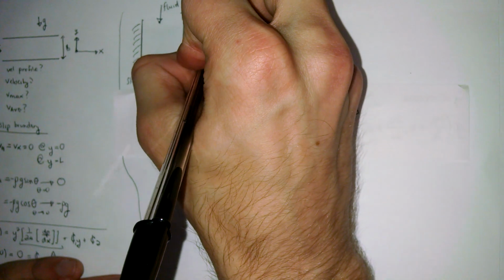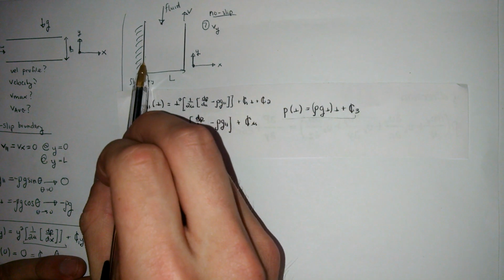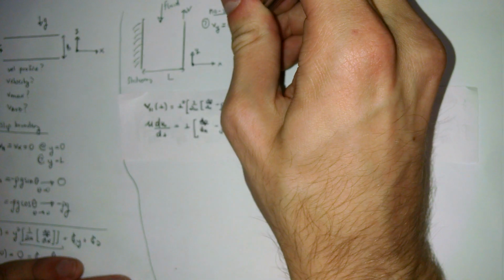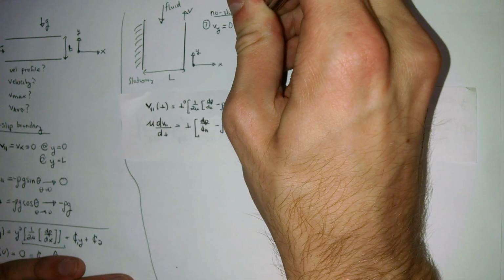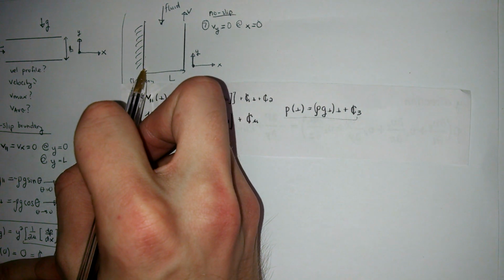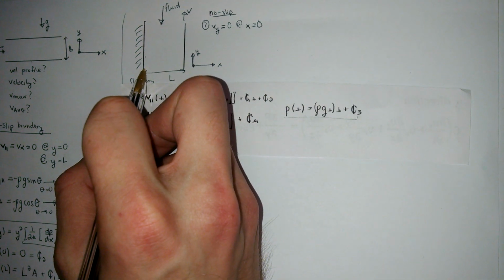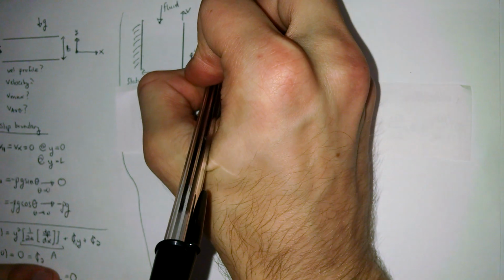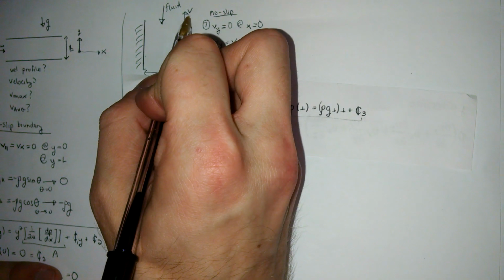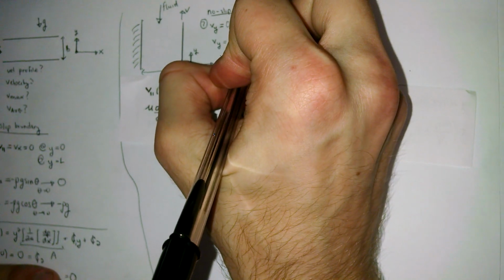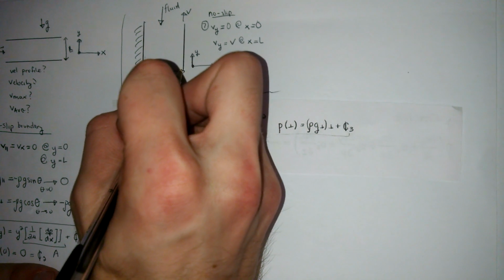So Vy will equal 0 when x equals 0. So when we're along this wall, we apply the no-slip boundary condition and the velocity is going to be 0 there. And Vy will equal v, the upward velocity of this wall, when x is all the way across here.